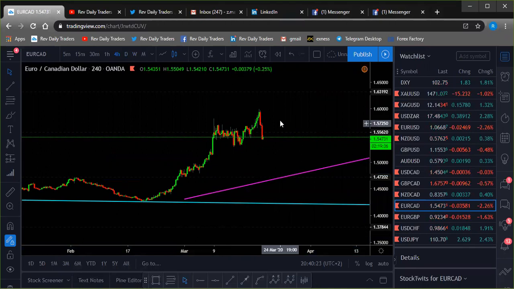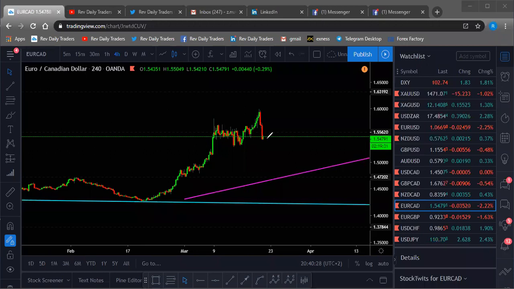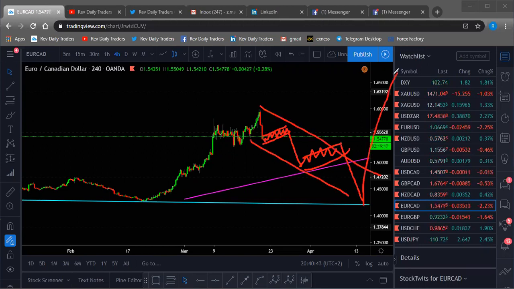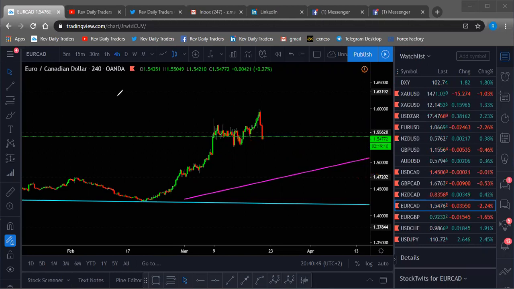All you're going to do for next week or from tomorrow, you're going to wait for a correction here, take a trade for sell, okay? It's going to give you correction, get more position there, okay? So that you can buy again. So that's what you need to do on EuroCAD, okay, guys.